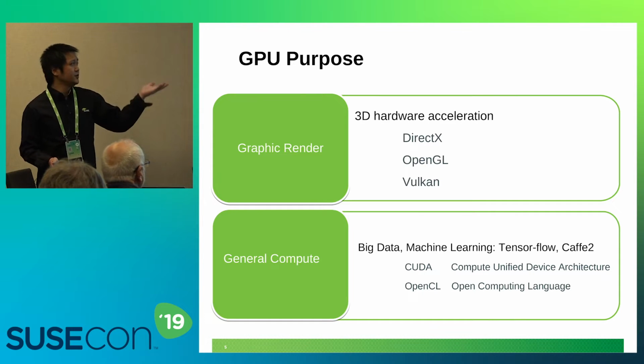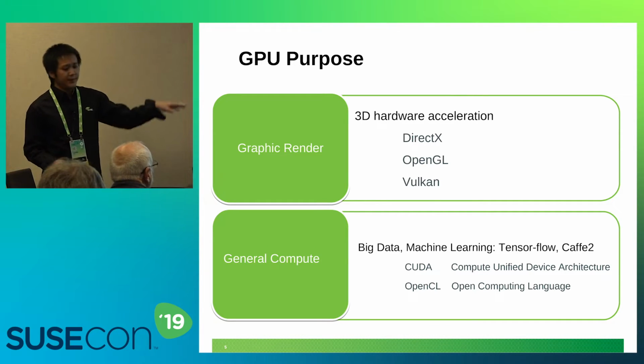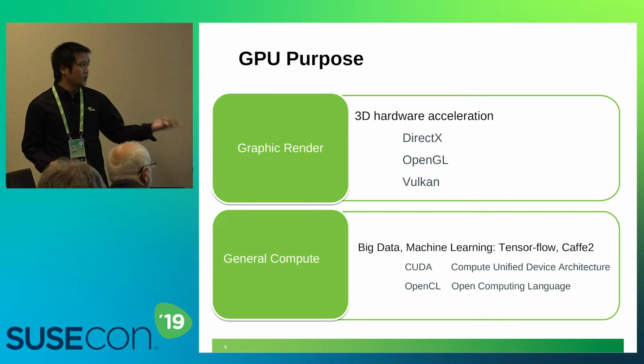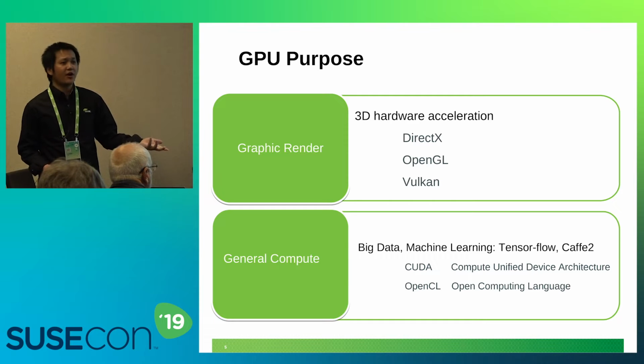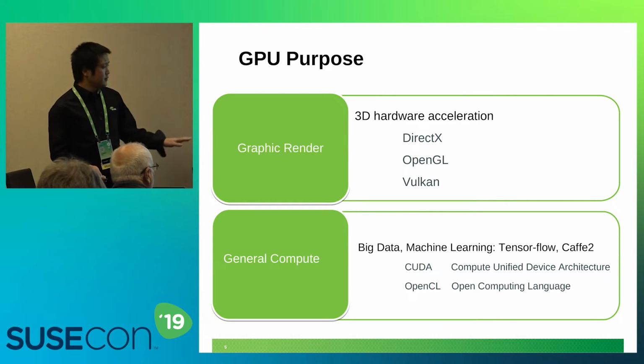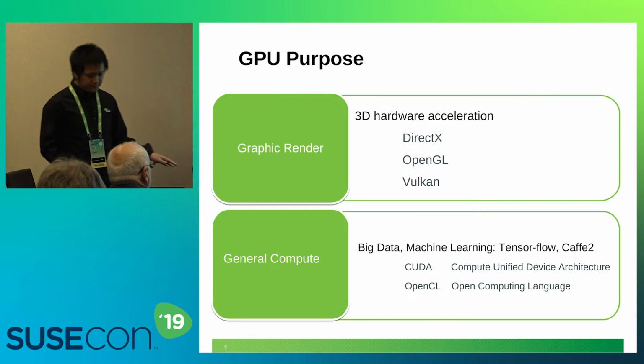For graphics, you need DirectX from Windows, OpenGL, or today Vulkan, which is quite popular. For big data, you need CUDA from Nvidia, or OpenCL, which is more general and quite popular in university research.